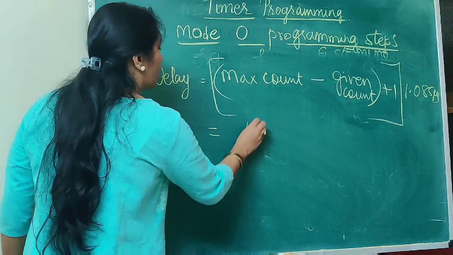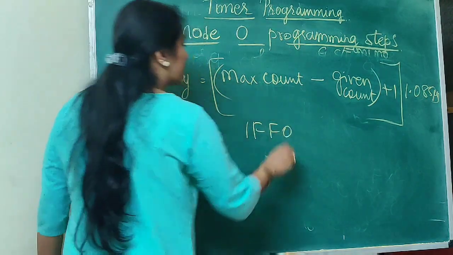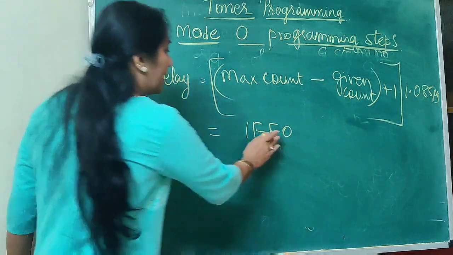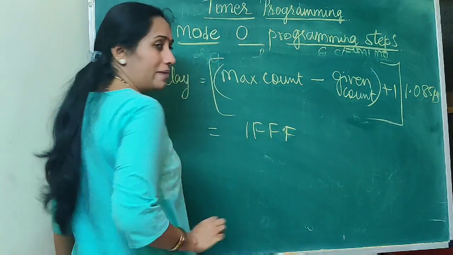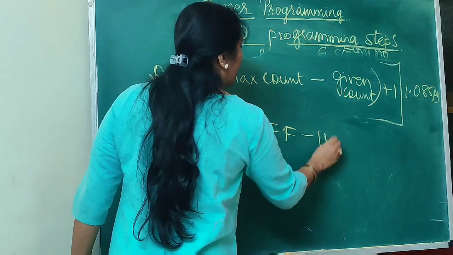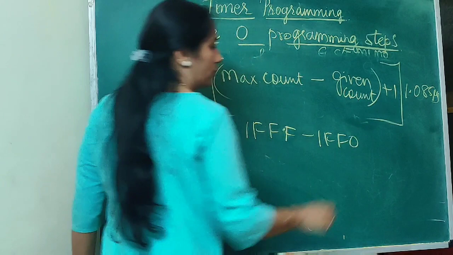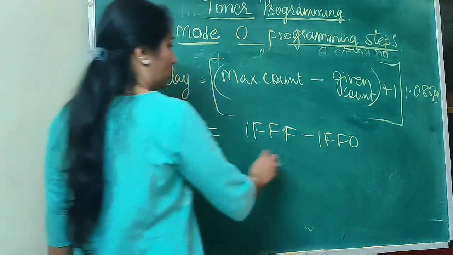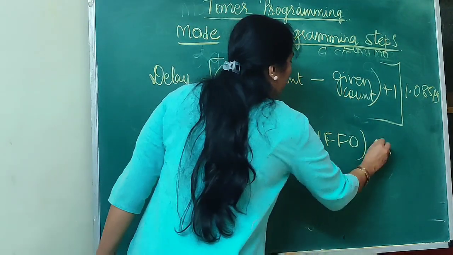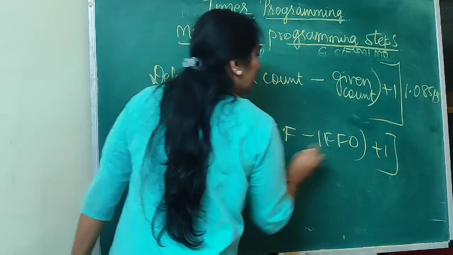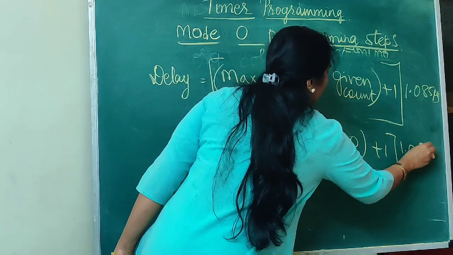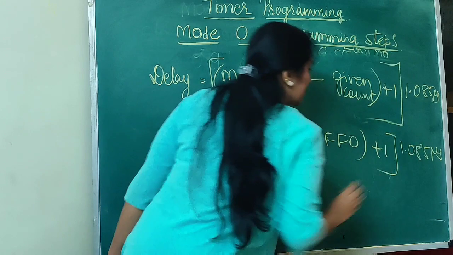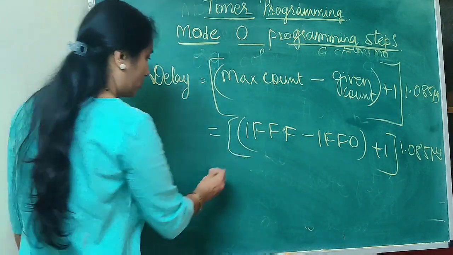So let me calculate the delay which is going to be produced. Here in mode 0, the maximum count is 1FFF. The given count is 1FF0. Then I am going to add 1 to this, multiplied by 1.085 microseconds.